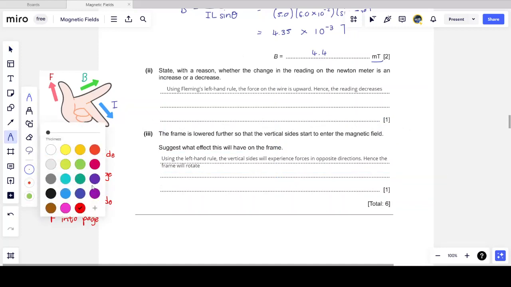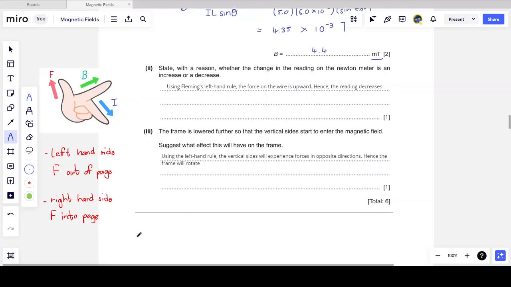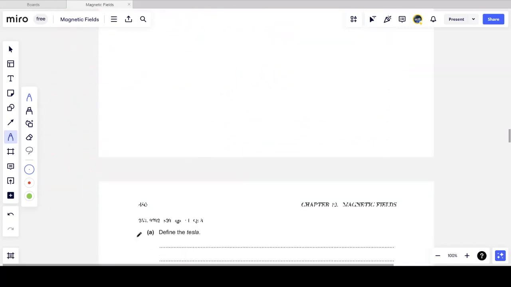So you can see only when the vertical sides get into the field will the entire frame begin to rotate. So, interesting effect, and now you know how to use the left-hand rule to answer these kinds of questions. It's very important that you not only know the left-hand rule, but how to apply it. So in total, this wasn't a very long question, but it did require some thinking.